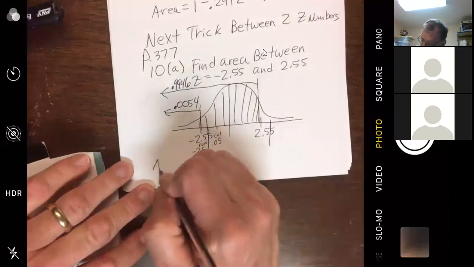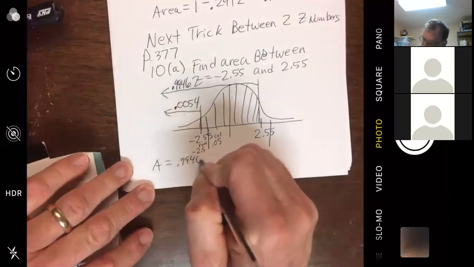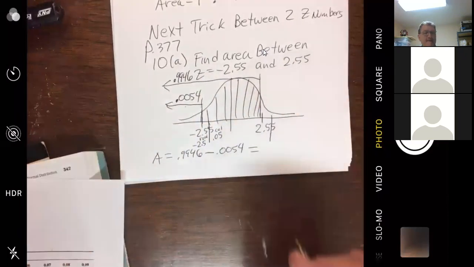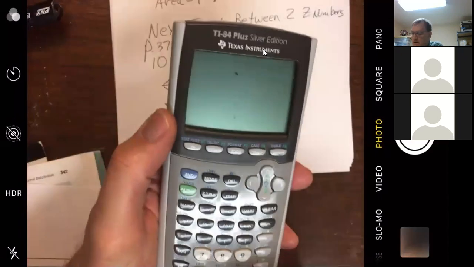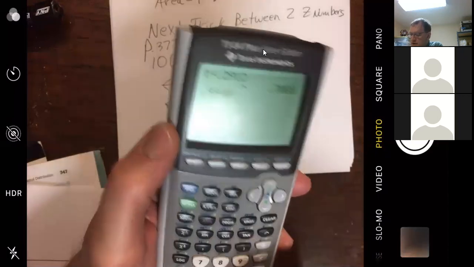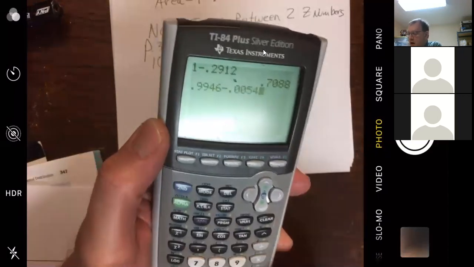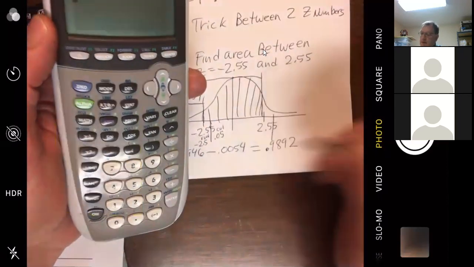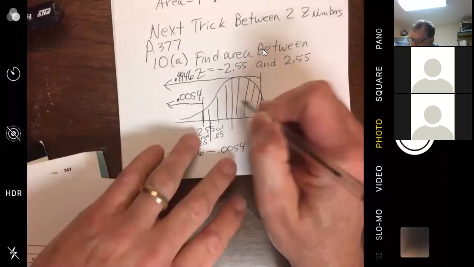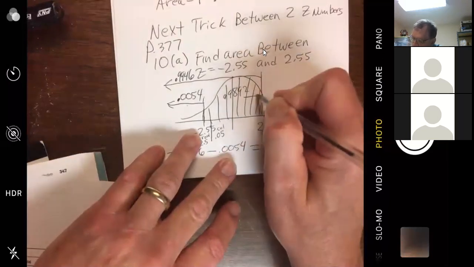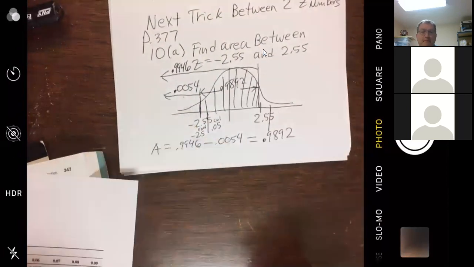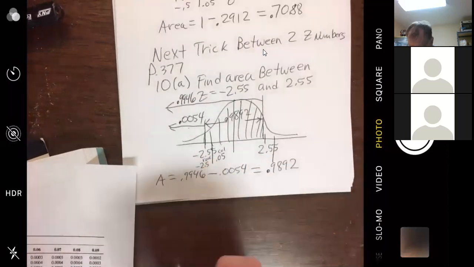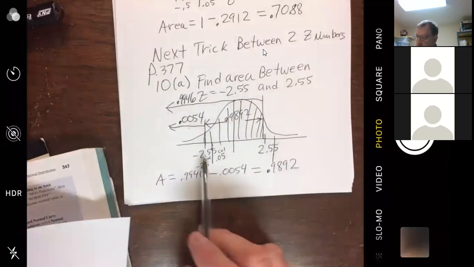So I'll be going 0.9946 and subtracting 0.0054. That's 0.9892. That's what's in the middle, 0.9892 between here and here. Questions about that? You're going to do that between any two Z numbers.